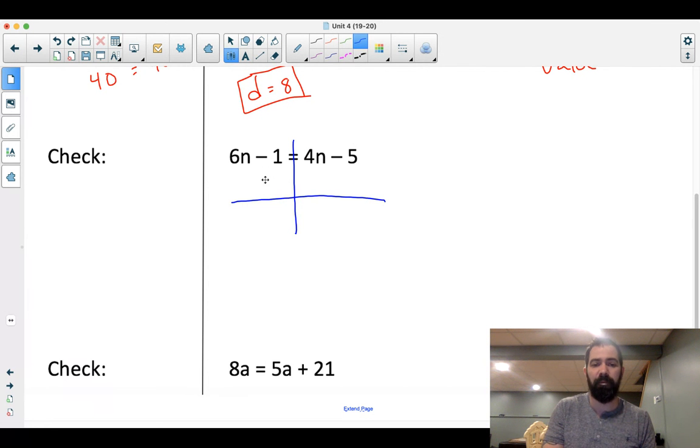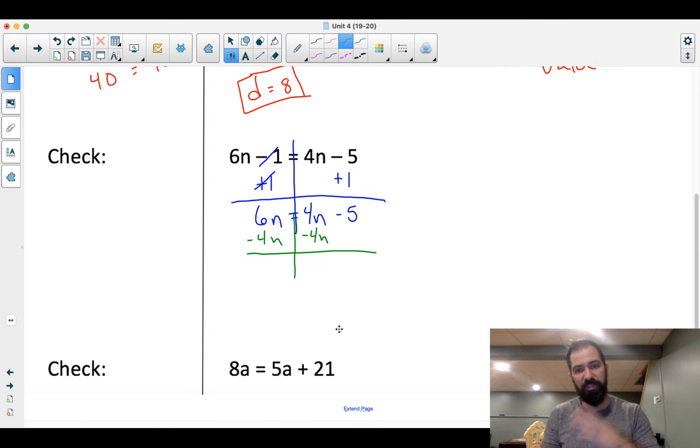Negative 1 plus 1. Same thing to both sides. These cancel. We're left with 6n equals 4n minus 5. And we said we're moving that 4n because it's smaller than 6n. The opposite of 4n is negative 4n.